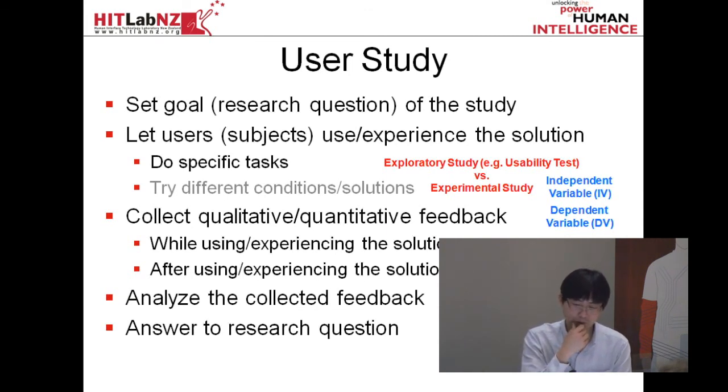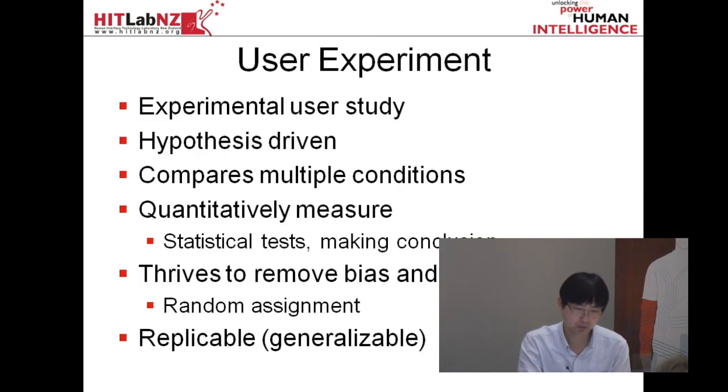Independent variables are those you control so that you make different conditions to compare. Dependent variables are usually what you measure, such as task completion time or usability level. We'll go into more detail about those two variables later on.